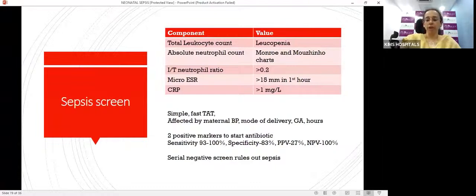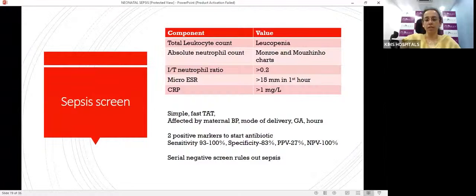So the CRP and various biomarkers like PCT are affected by the mode of delivery, being slightly higher in spontaneous vaginal delivery and emergency LSCS compared to elective cesarean deliveries. Also, if the mother is administered any intrapartum antibiotics, these values can come falsely low. And these are also affected by the gestational age and hours of life of the baby.